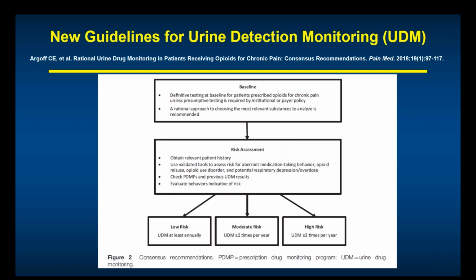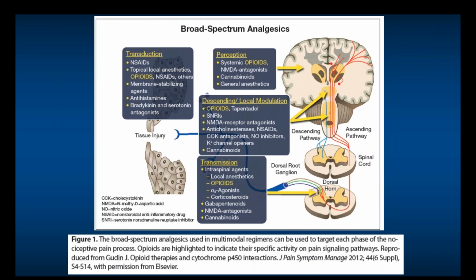So we've set the stage for what's happening nationally: the CDC guidelines for non-cancer pain, the recommendations to more closely monitor patients who are on opioids, and the recommendations that we use multimodal analgesia. And multimodal analgesia is not a new concept.